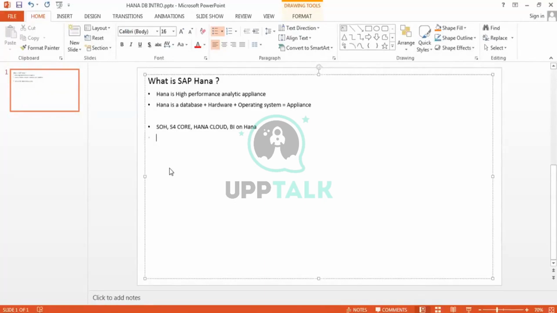These modules used to be vast in ECC and the traditional system, and they have tried to compress them. Like if suppose there are 100 or 200 tables in the FI module, they have compressed these tables into 10 tables, which are called central tables.